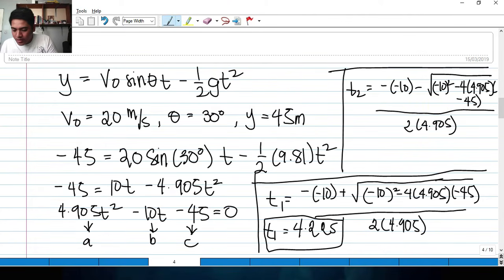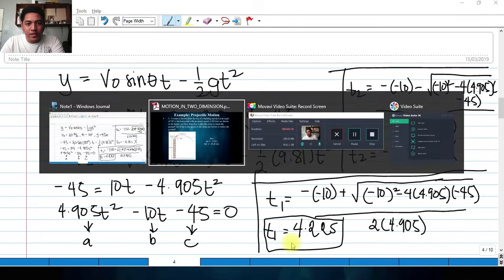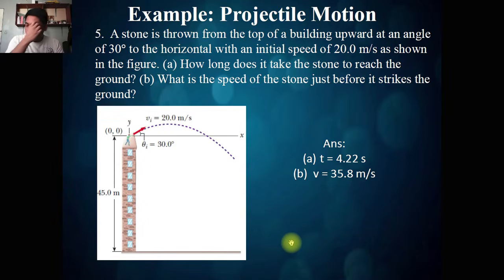That should give us a negative value, which is not accepted because there is no such thing as negative time. So the time it takes to reach the ground is 4.22 seconds, as we have here as an answer in our problem.